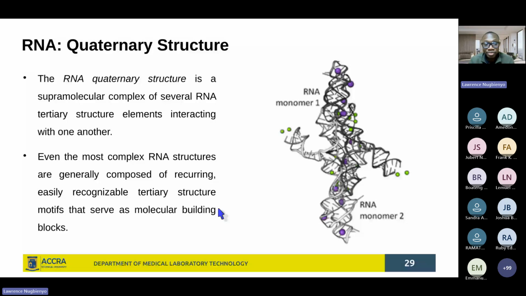A common example you refer to is hemoglobin, which is made up of 4 subunits, 2 alpha subunits and 2 beta subunits, and these come together to give you the whole molecule of hemoglobin.